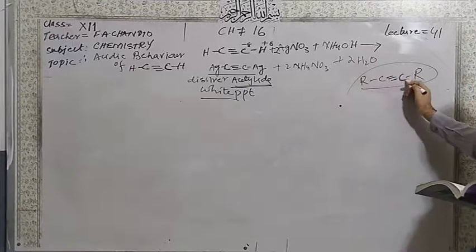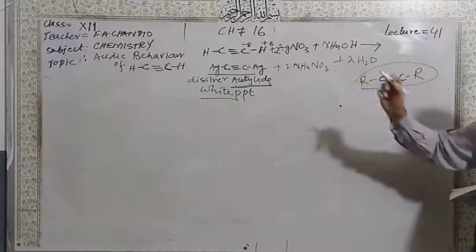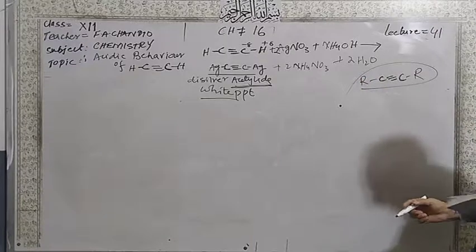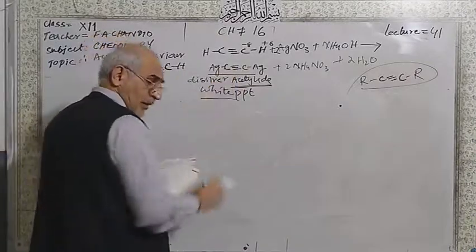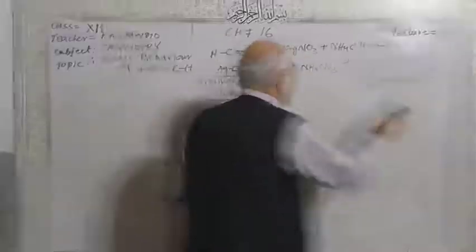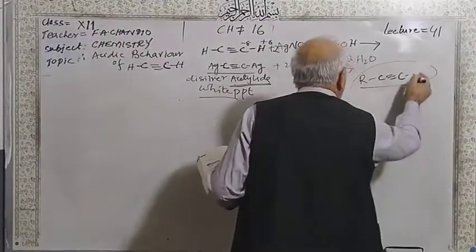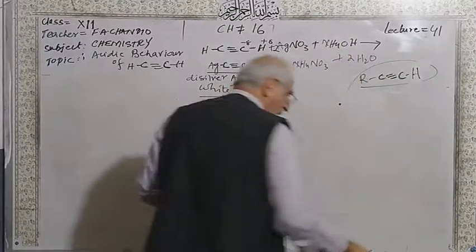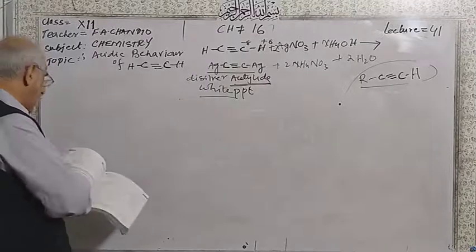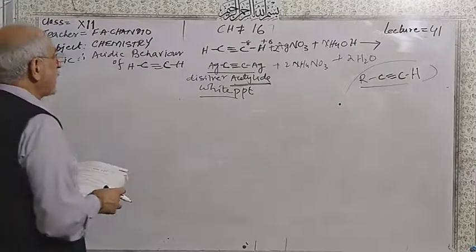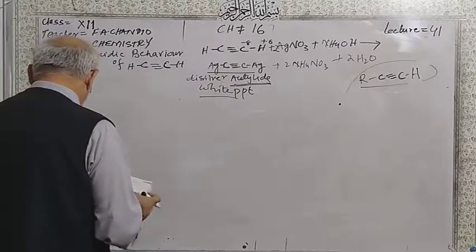So this will not happen here. The test will be negative in this case. So it must be the terminal alkyne. If there is a hydrogen, this chemical reaction is going to happen, and you will get the white precipitate of disilver acetylide.